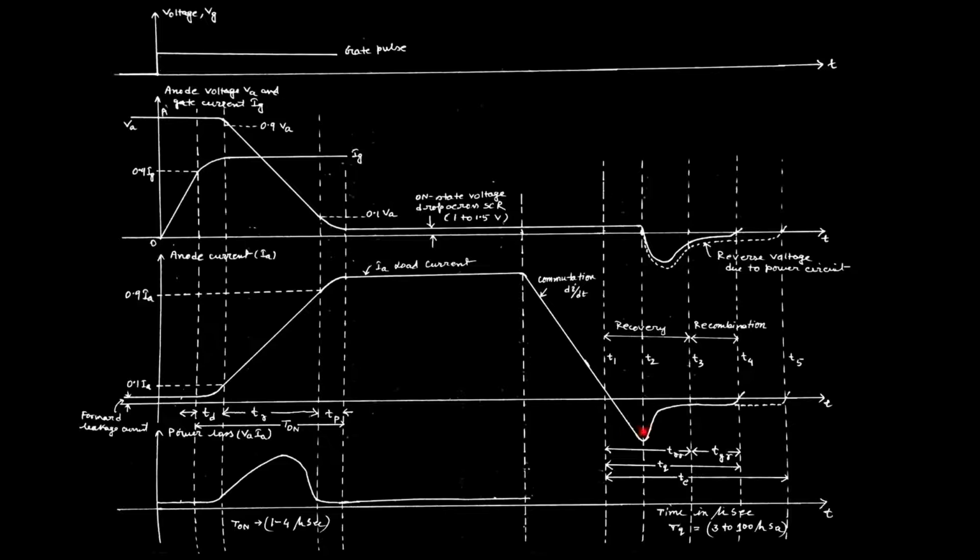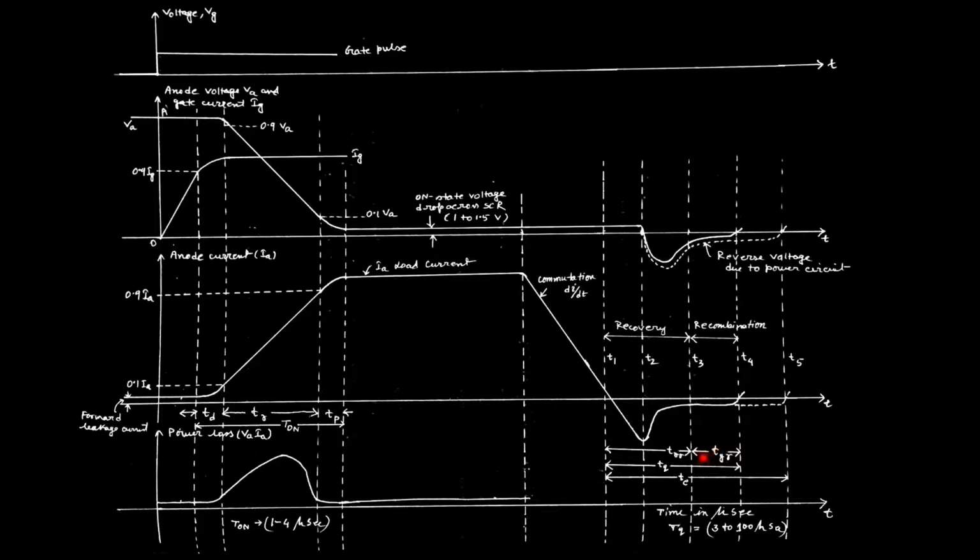In this part, the turn off time duration can be split into two durations. One is TRR, the reverse recovery time, in which the junctions J1 and J3 are reformed, maintaining the reverse biasing across the switch. The other is the gate recovery time, defined by TGR, in which the junction J2 is reformed due to recombination of the free charges, which neutralize and form immobile charges or immobile particles.